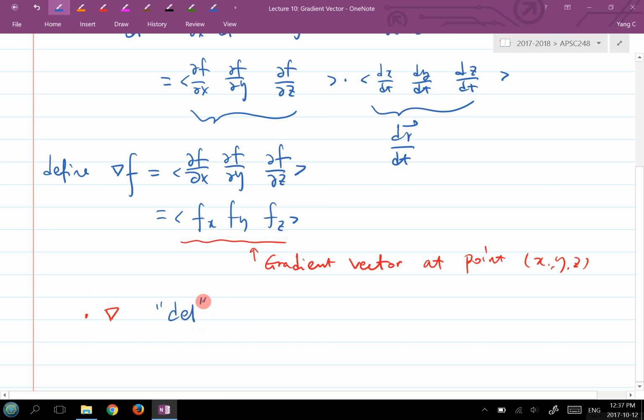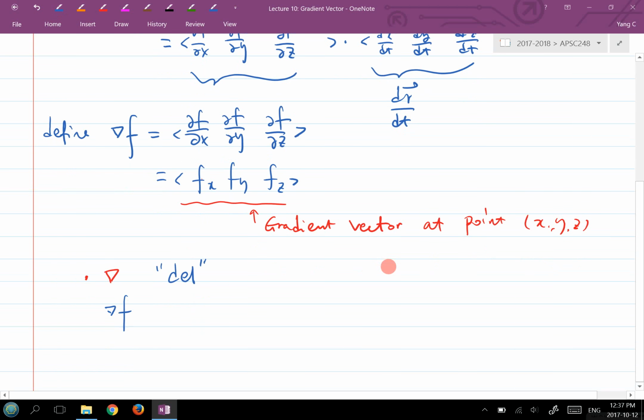When you put del and a function f together, there are different ways you can call this. You can read it as del f, or you can say this is the gradient of f, or simply grad f. That's what this del is.